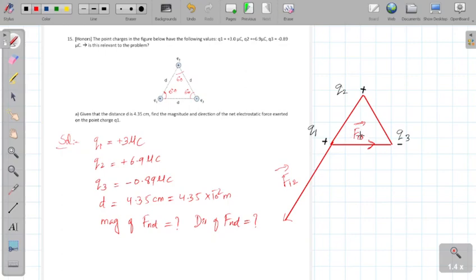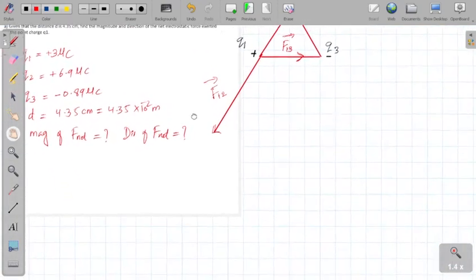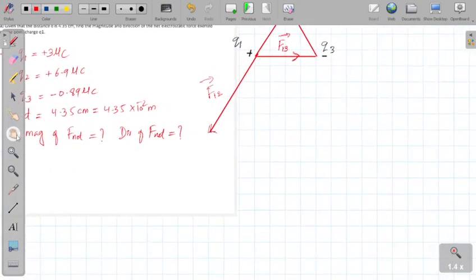We have indicated the directions. Now we have to find the magnitudes of F12 and F13 individually, and then we will take their vector sum.